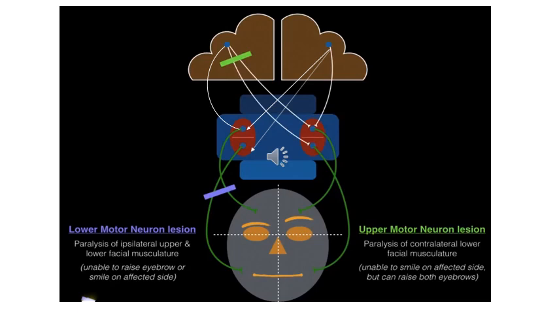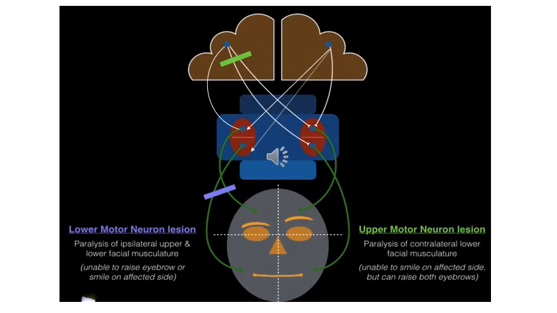So the whole supply input to the muscles which it supplies is cut off. So the patient is unable to raise his eyebrow or smile on the affected side, and there is a paralysis of ipsilateral upper and lower facial musculature.